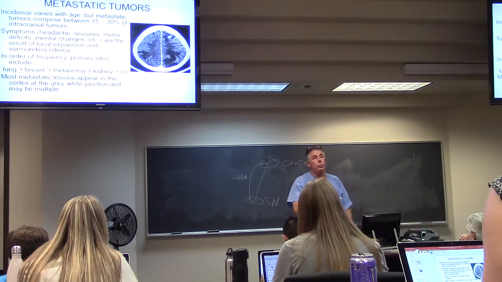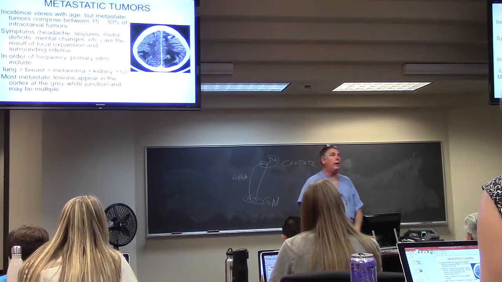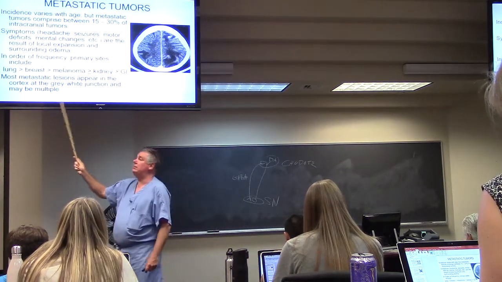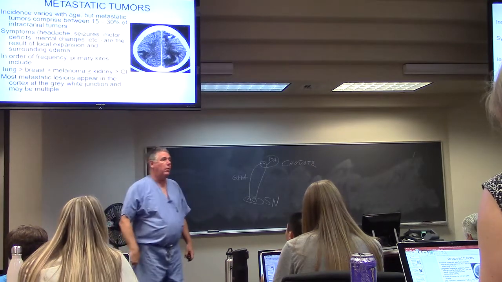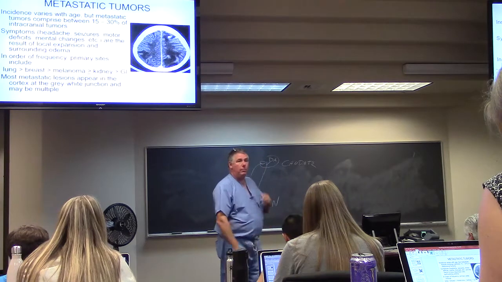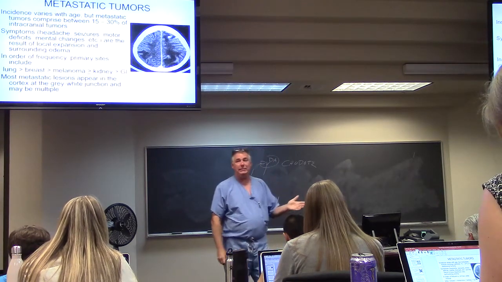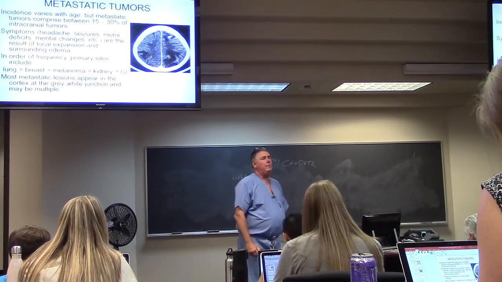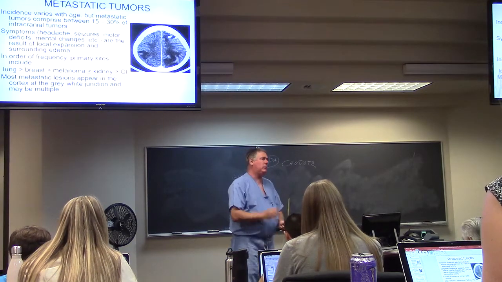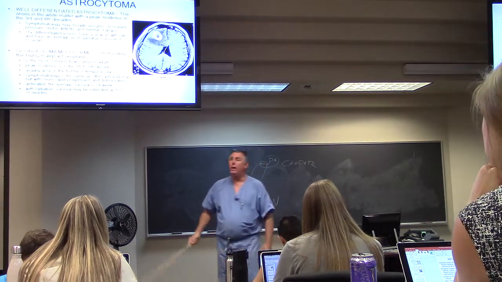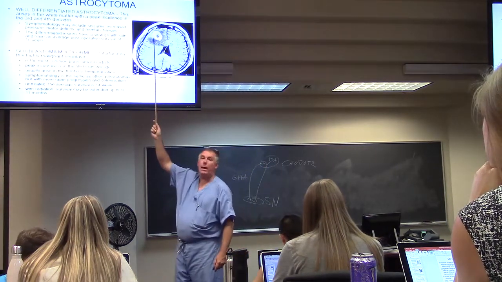Metastatic tumors to the brain, though, are quite common in this order here. Lung, breast, melanoma, those are the ones that we are particularly worried about. Lung, breast, melanoma. Where does it metastasize? To the brain. The thing about metastasis to the brain versus an astrocytoma: an astrocytoma can develop anywhere, mostly in the white matter.